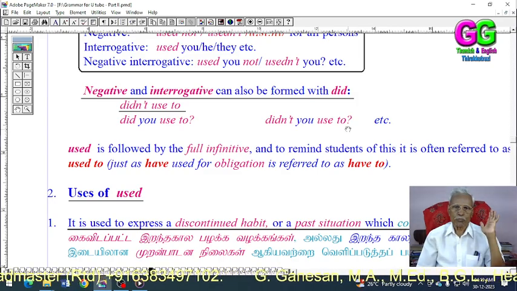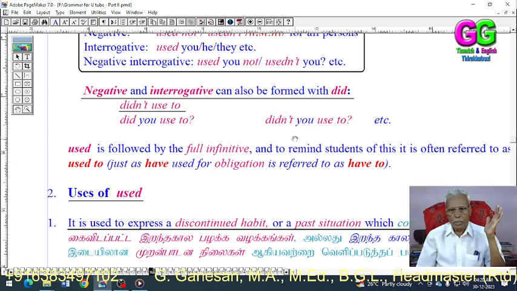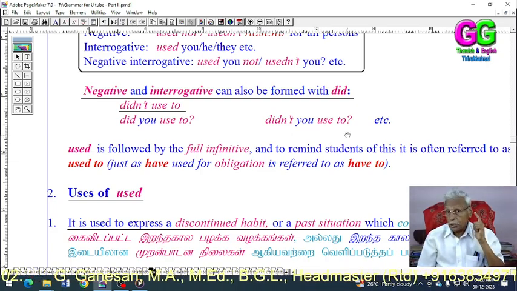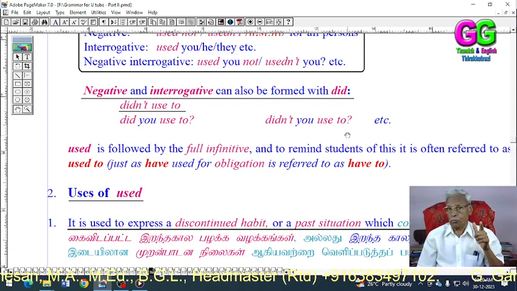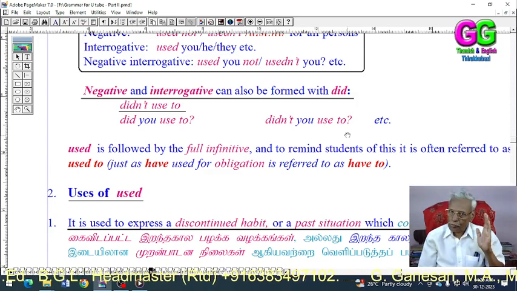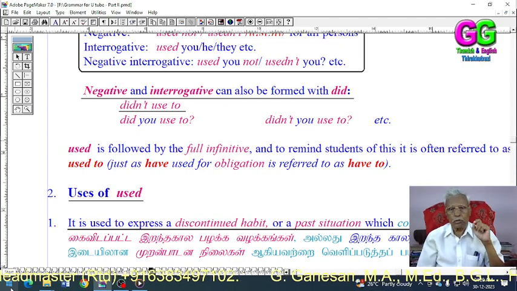As I already told you, used to could be used only in the past form. It has no present tense and is not used for present action.